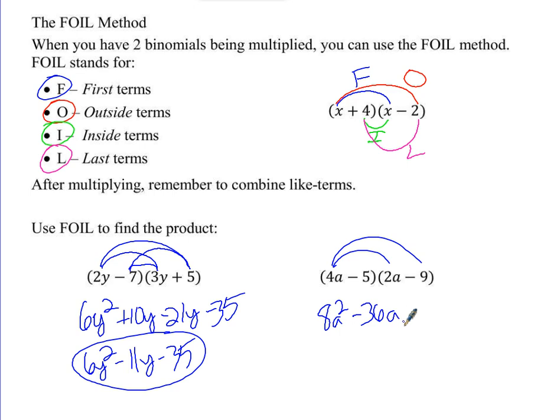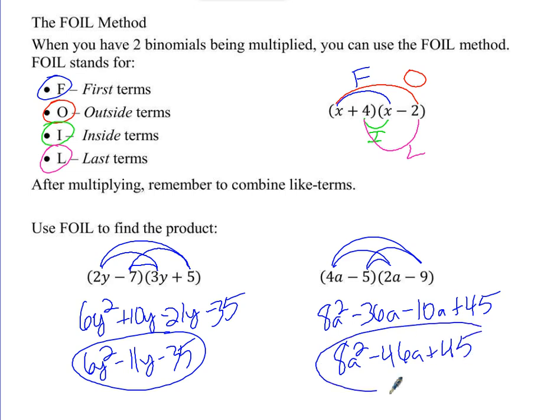And then negative 5 times 2a for the I part of FOIL, negative 10a. Positive 45 for the L part of FOIL, the last terms. Combine like terms, and we get what? And you're done.